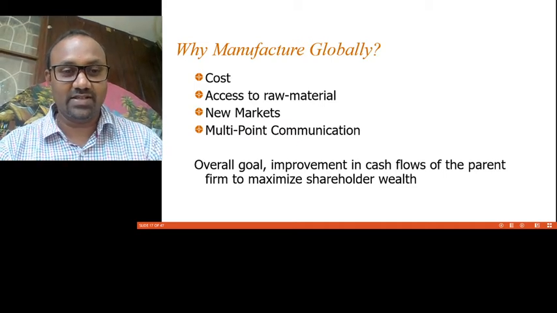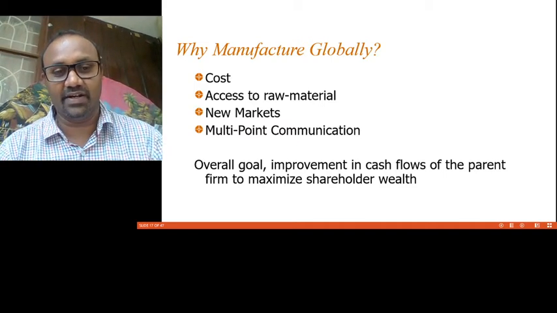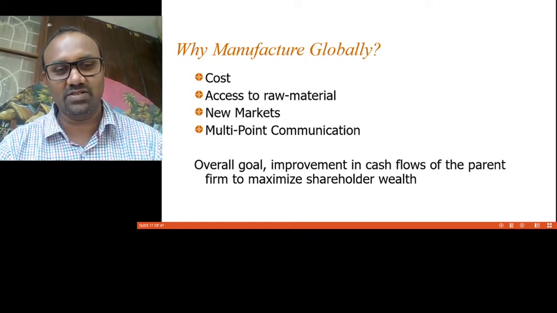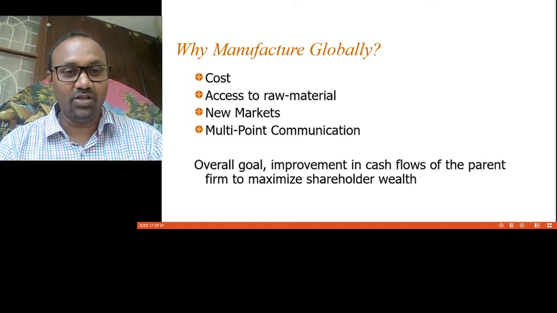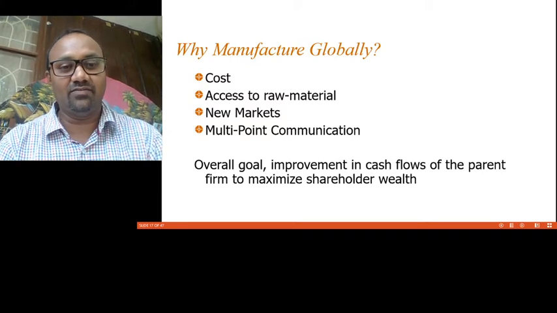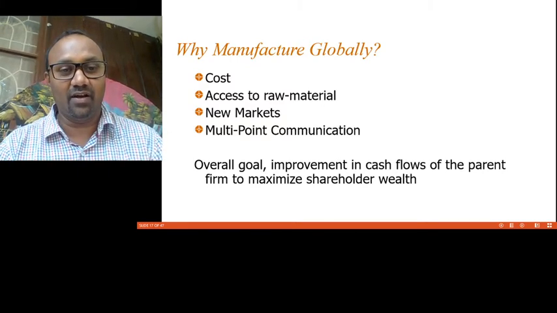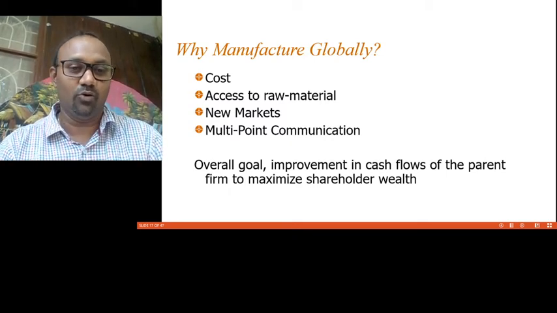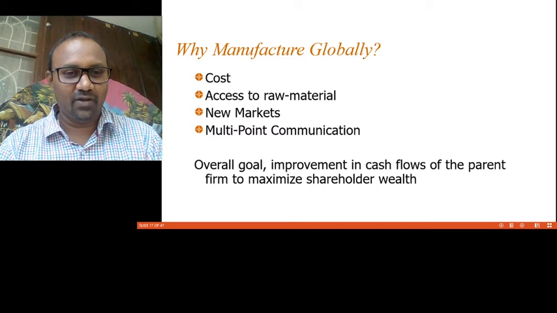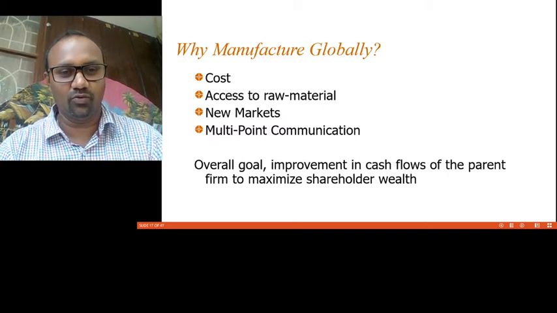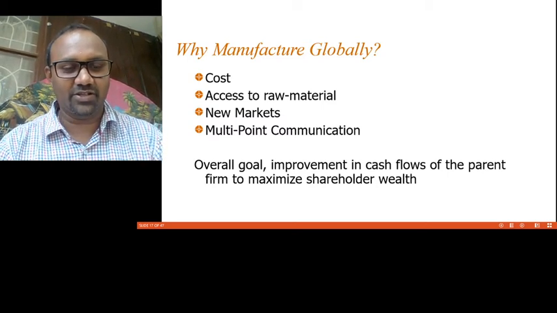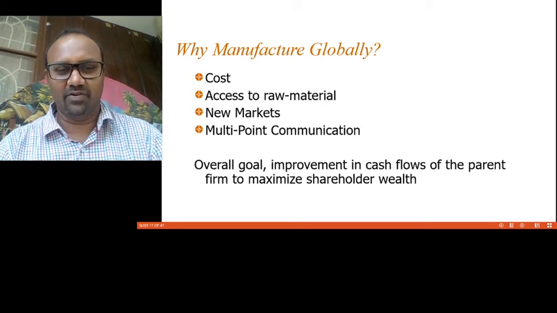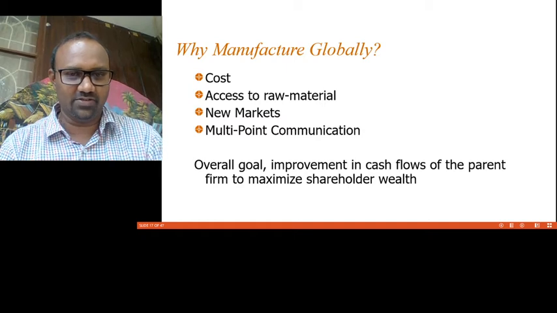So once you start establishing subsidiaries, initially you go with the intention of selling goods that you are domestically producing so that you are able to sell it to customers and clients in foreign markets. But once you see that the demand in the foreign markets is big enough, then you slowly start setting up a manufacturing unit and you slowly start becoming a wholly owned subsidiary, or you manufacture on your own, or you outsource it to other manufacturers by issuing a license to them to manufacture on your behalf, and then you can source it from different parts of the world, components from different parts of the world.